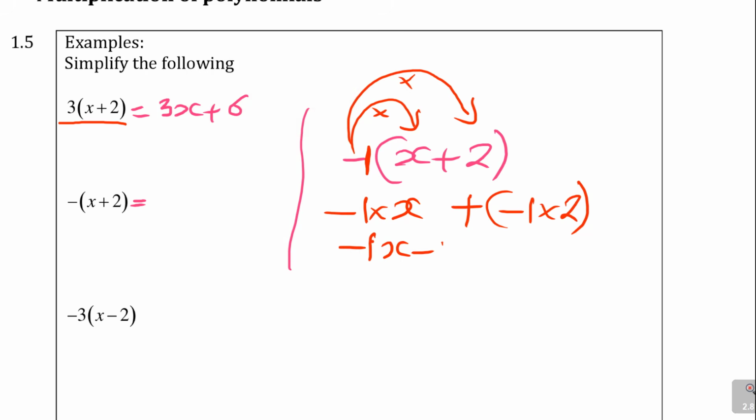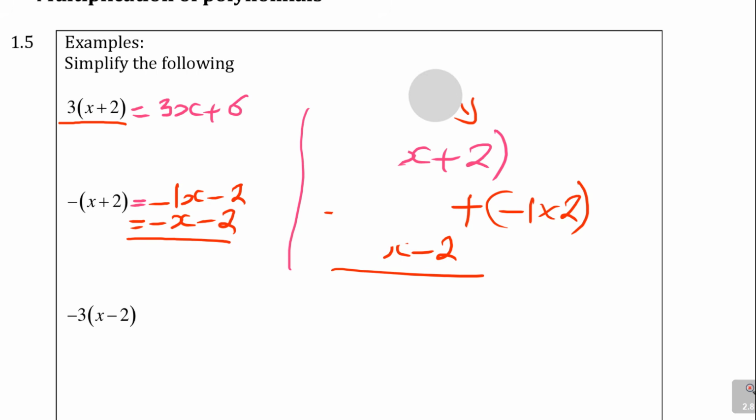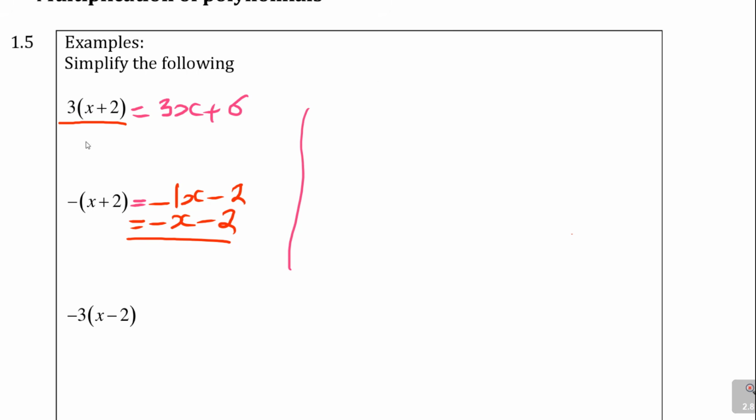So it's minus 2. So the answer is minus 1x minus 2. But some prefer not to include that 1. So you can write it as minus x minus 2. It's still correct because we know there is always a hidden 1 there. Alright, just a simple thing to know or to notice.